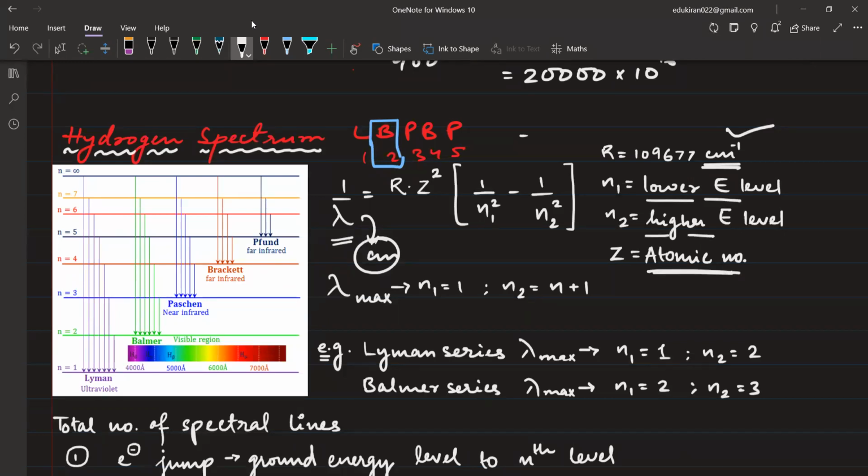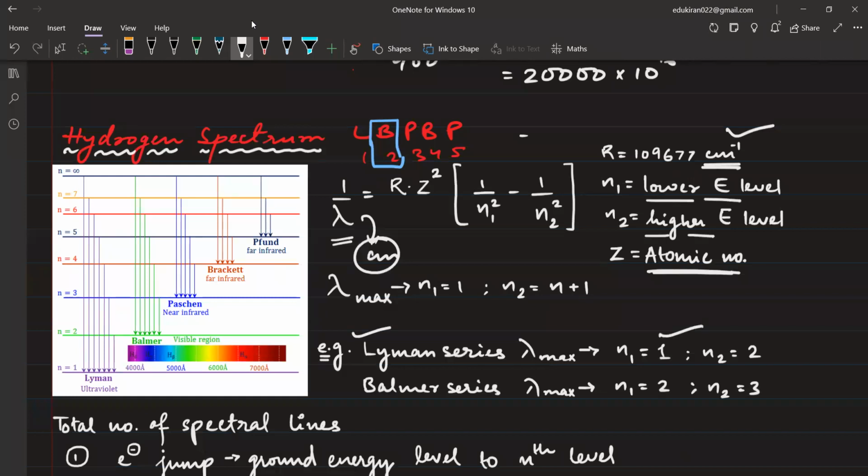Now, lambda max will be attained when n1 is equal to n, then n2 should be equal to n plus 1. Okay. Lambda max कहाँ पे आएगा? Lambda max आएगा आपके पास n1 जब 1 हो और n2 n plus 1. For example, if I talk about the lambda max in Lyman series, what will be n1?